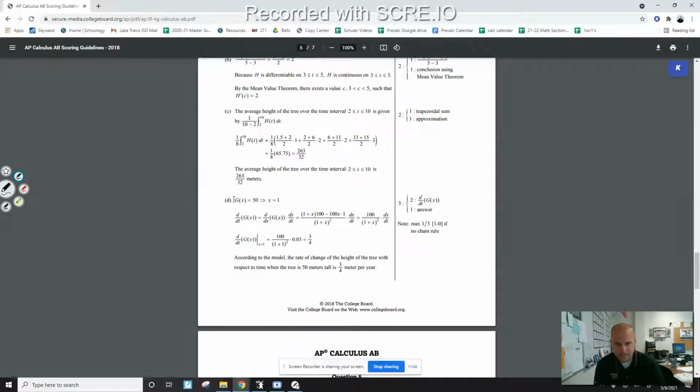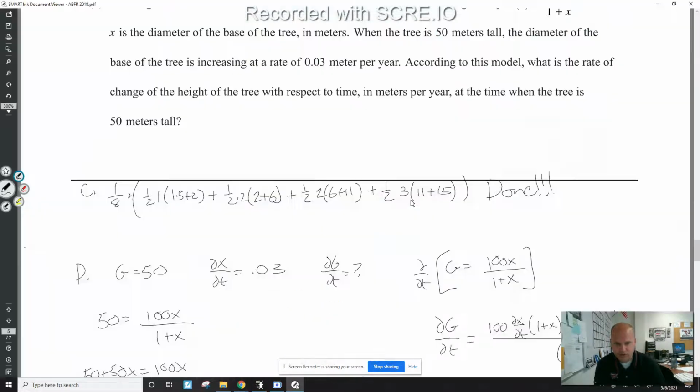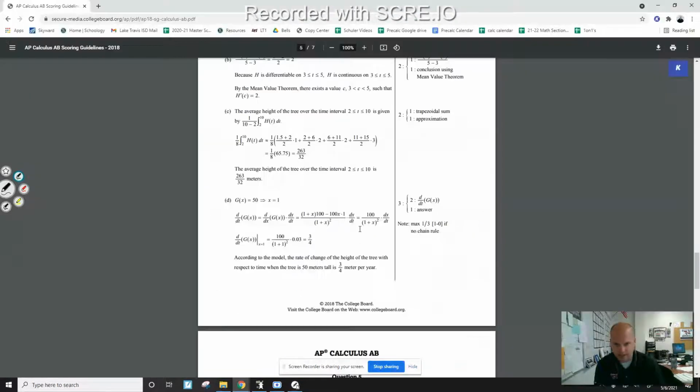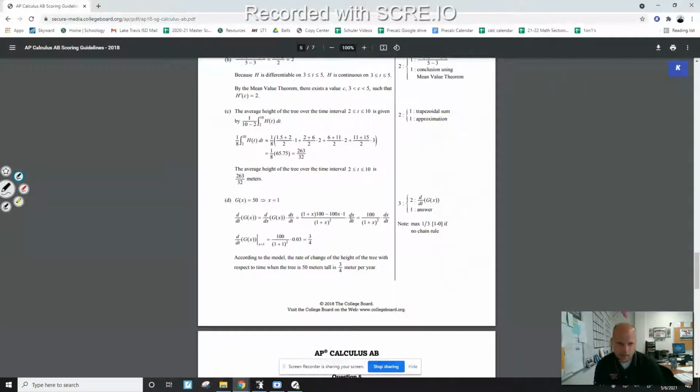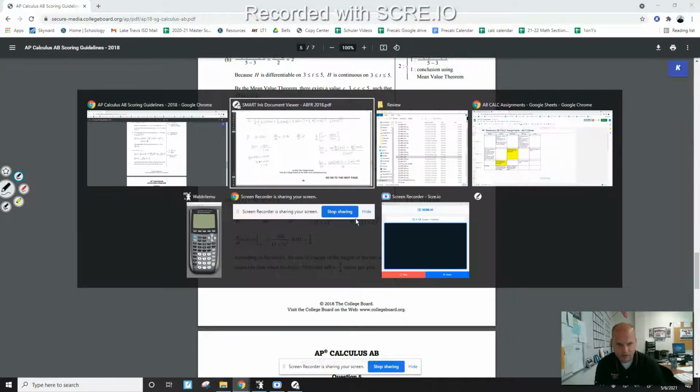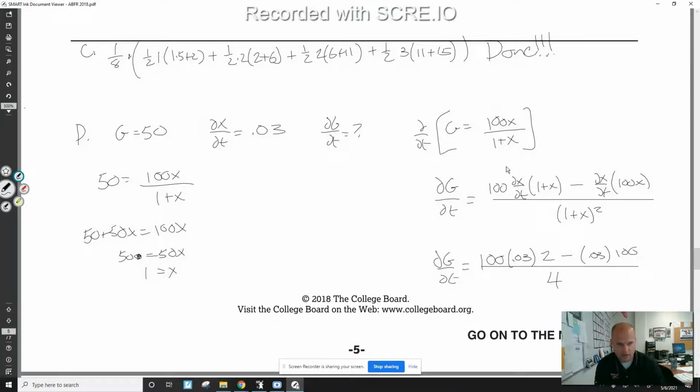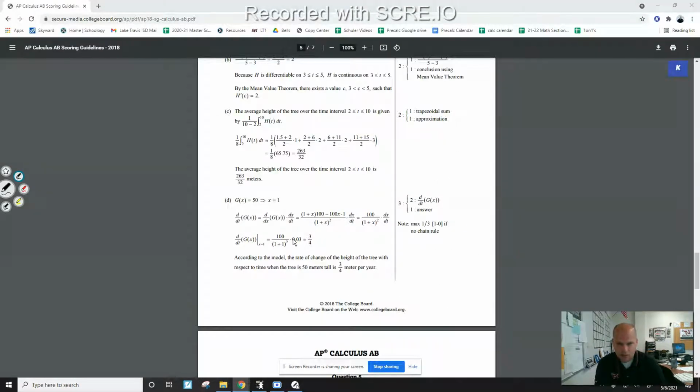Okay. Part D, 3 points. 2 points for taking the derivative of g correctly to get dg/dt equals 100 dx/dt. They just multiply by dx/dt afterwards. dx/dt is factored into ours, which is fine. You end up with 3/4.